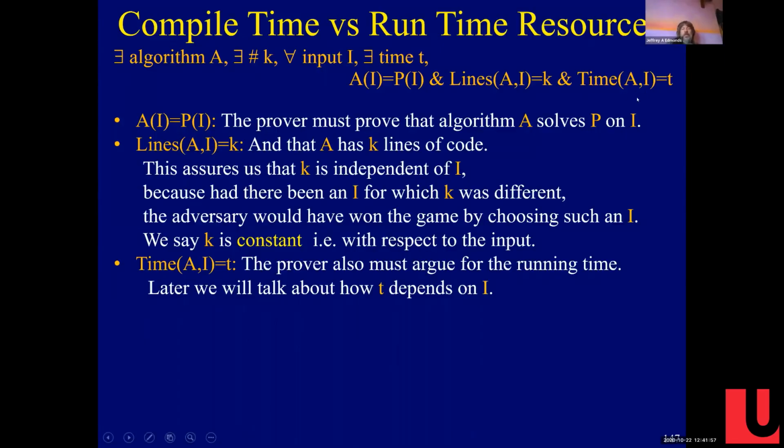One is that I didn't tell you the relationship between input and time, and later we will talk about that relationship. And two, I am still saying something here. When I say there exists the time, I'm telling you that the time is finite. If this algorithm ran forever, then the running time would be infinity. And we're claiming it's not infinity because t here has to be finite.